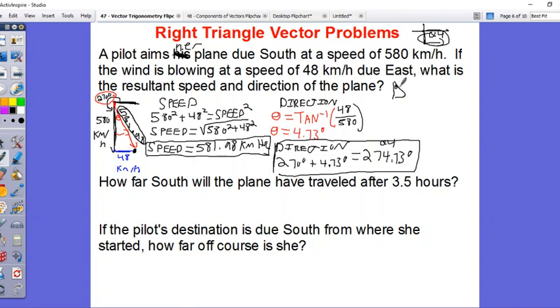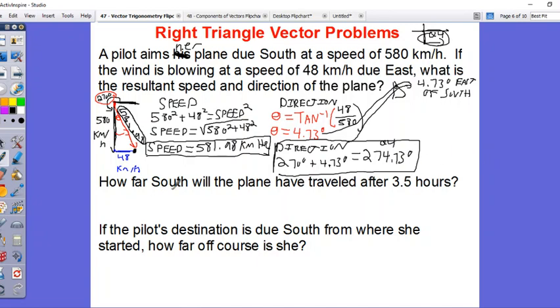So your angle is going to be east of south. So think about it. For compass direction, this is going to be our direction: 4.73 east of south. Okay?